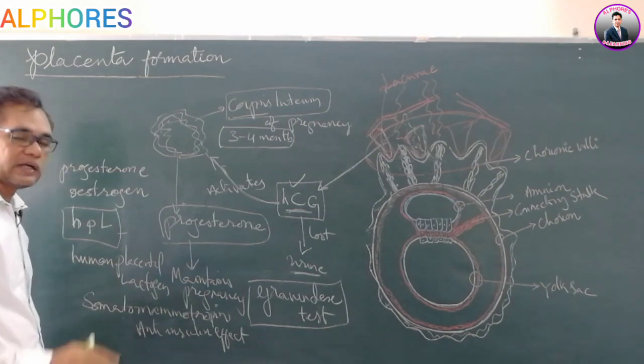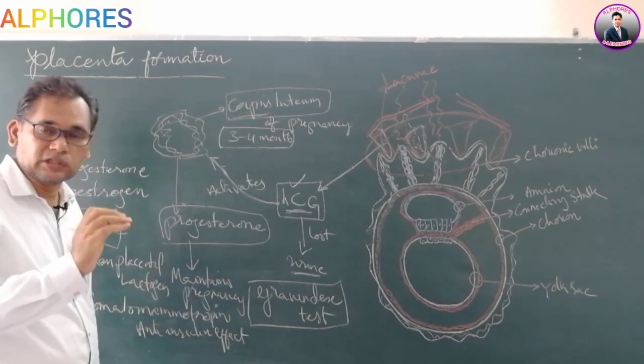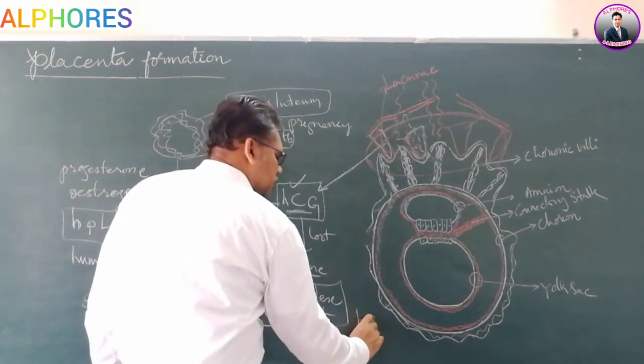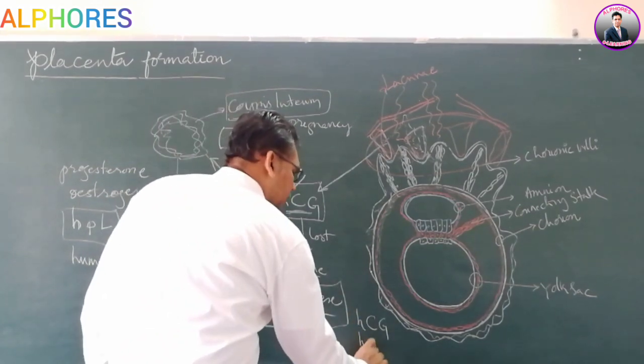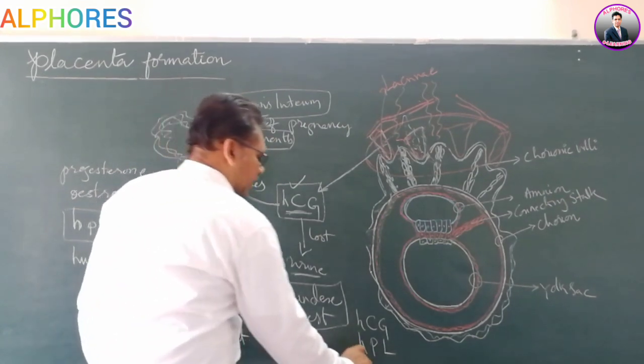Now remember here, the hormones which are released only during pregnancy are HCG, human chorionic gonadotrophin, HPL, human placental lactogen, as well as relaxin.